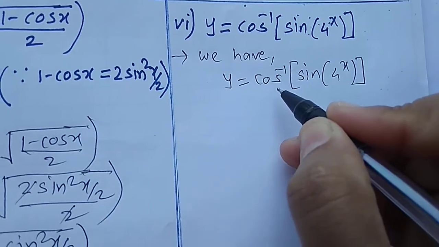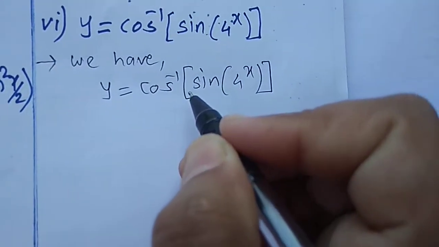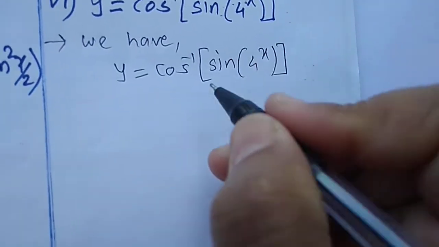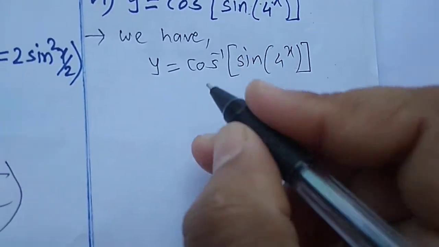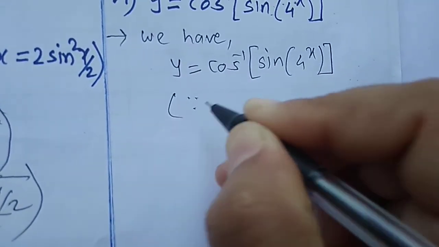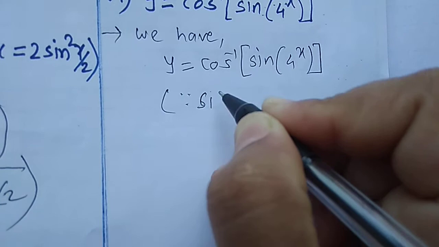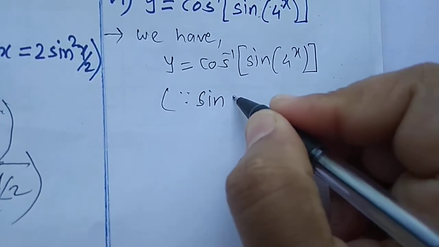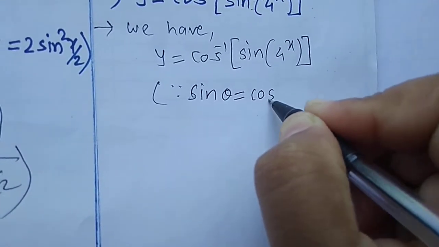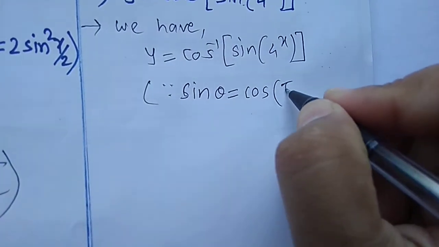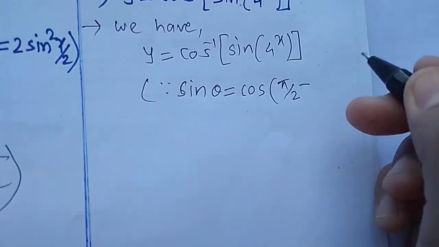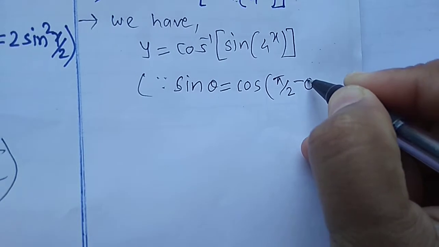But here the example is given in cos inverse and the other value is given in sine. Therefore we can replace the value of sine theta, that is, sine theta is equal to cos of pi by 2 minus theta.